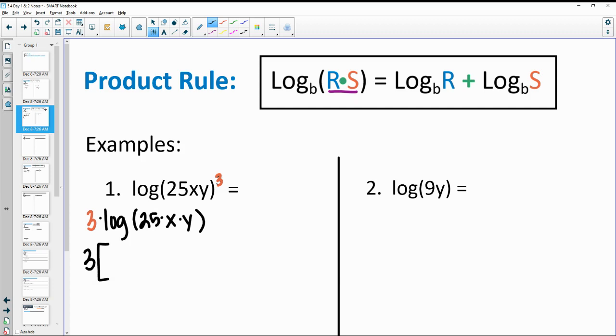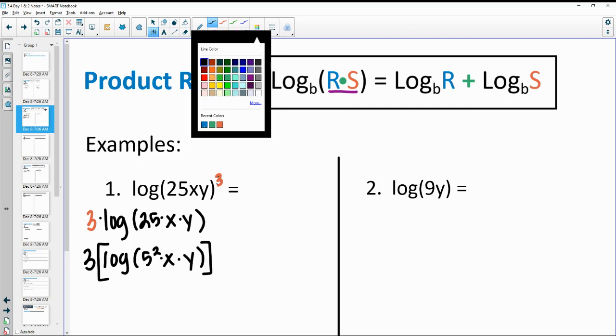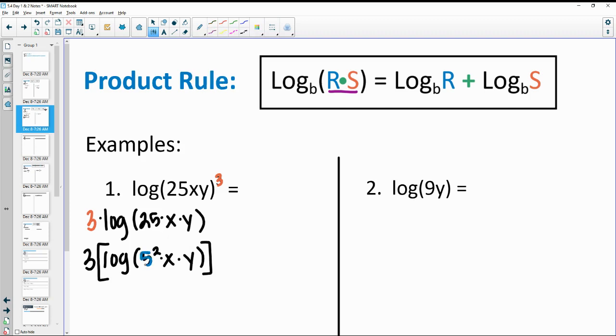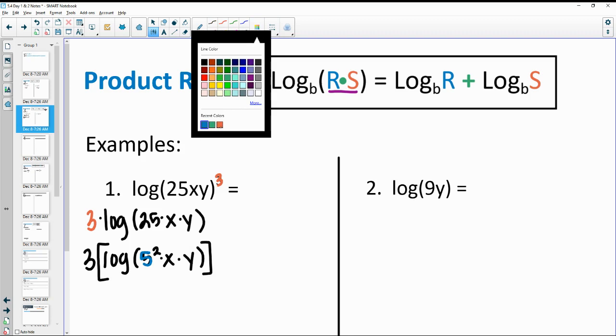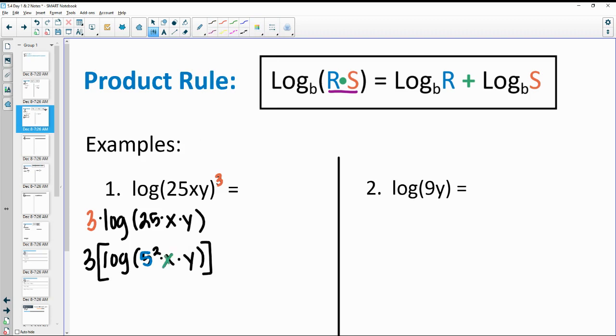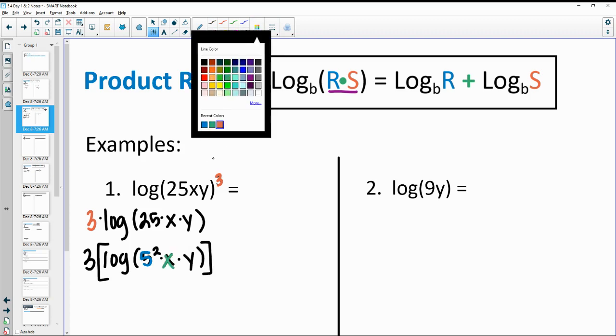So I'm just going to put a parenthesis here, and then I'm going to rewrite 25 as 5 times 5, or 5 squared in this case, and then times x and times y. So now we see that we have 3 different bases within this logarithm. We have 5 squared, we have x, and we have the y.